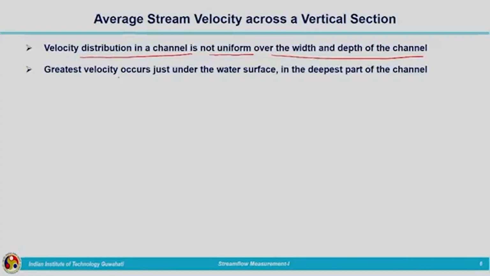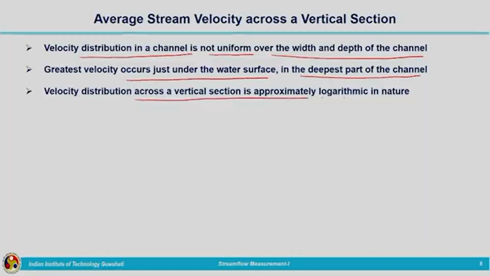In actual conditions, it is not uniform across the width and also depth. The greatest velocity occurs just under the water surface in the deepest part of the channel. It is not on the water surface; at a certain depth below the water surface, the maximum velocity will occur. Velocity distribution across a vertical section is approximately logarithmic in nature. When we plot the velocity distribution curve, it is logarithmic in nature.